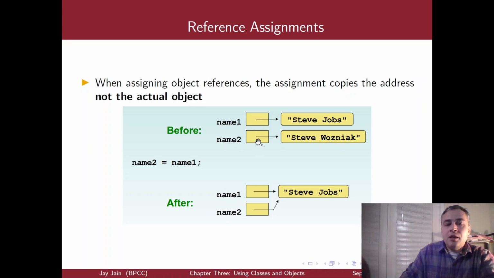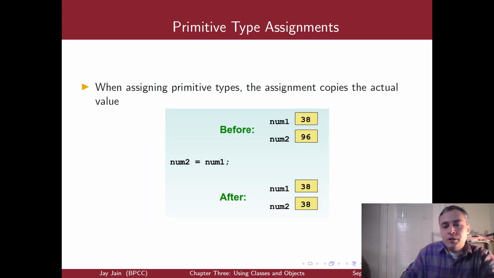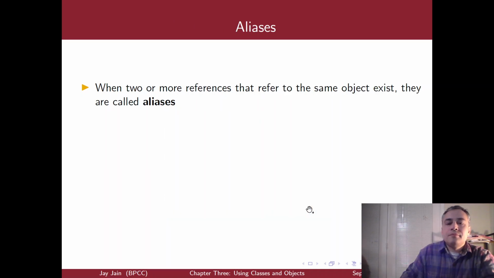That is, name1 and name2 now have the same reference. They refer to the same object. And contrast that with the case when the variables of primitive type hold values directly, like 38 and 96, and after we say num2 equals num1, the value in num1 will be assigned to be also a value in num2, but those are two copies of number 38.